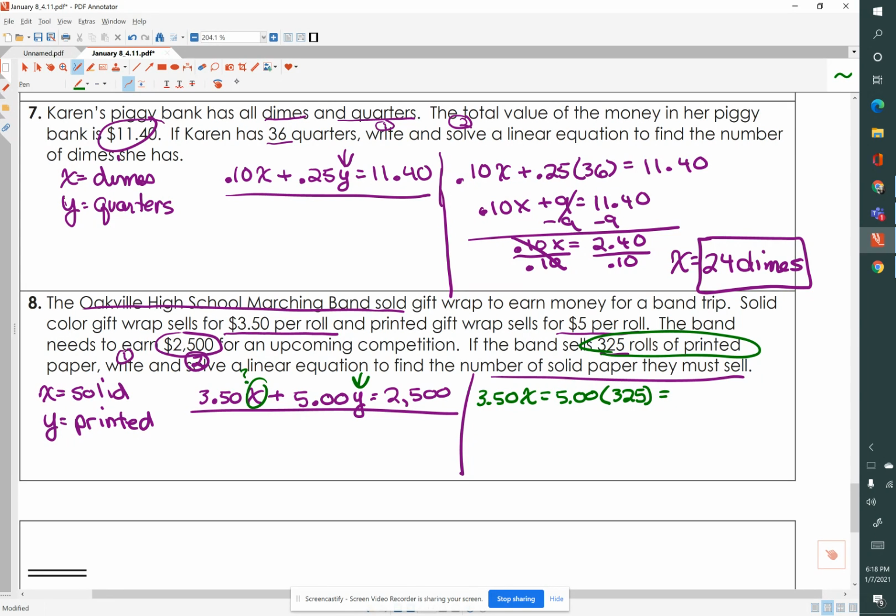So 3.50x plus 5.00y equals $2,500 because that's the amount they need to make this trip.